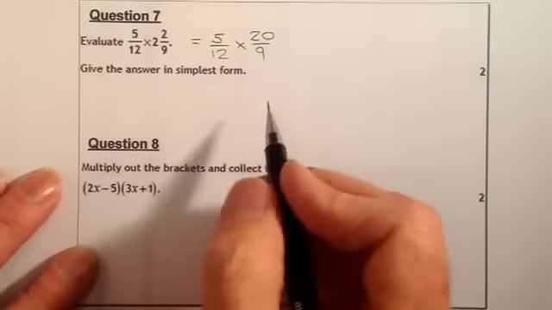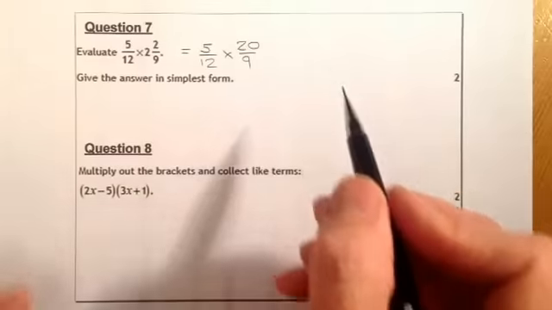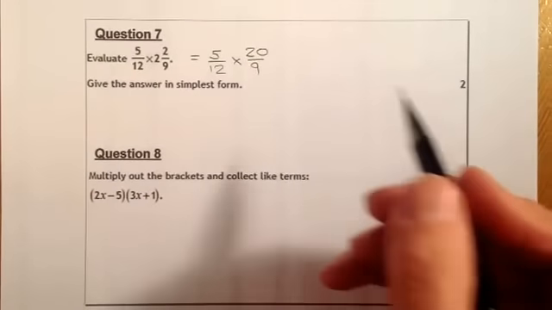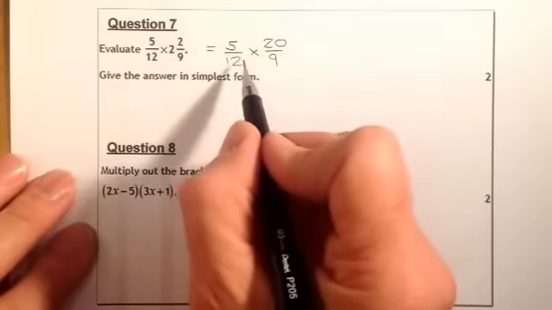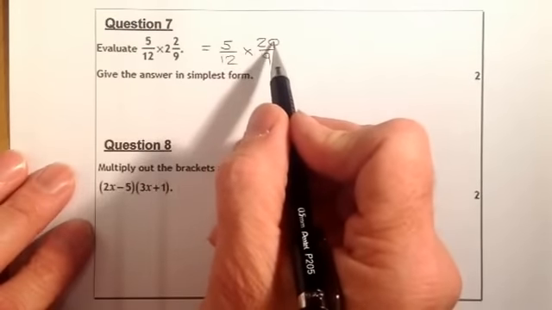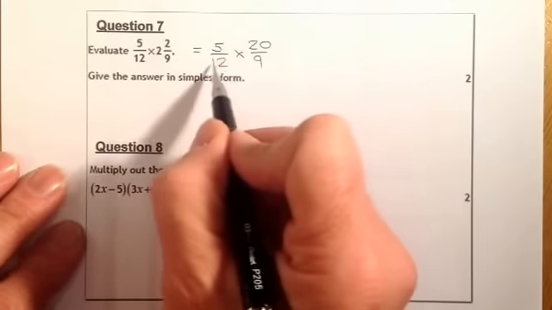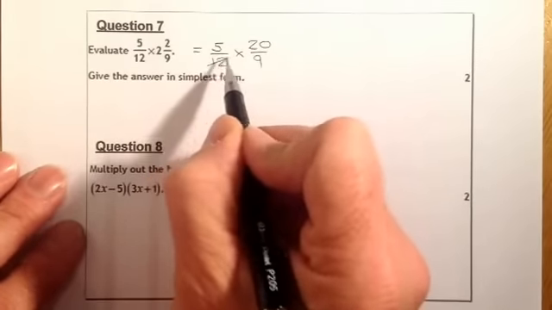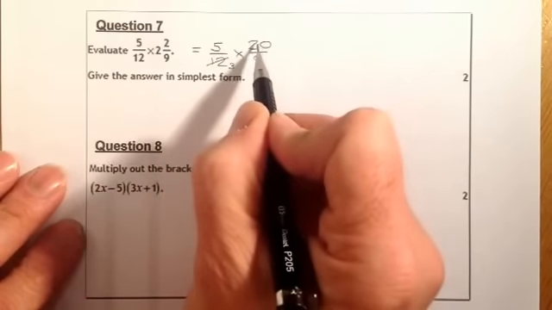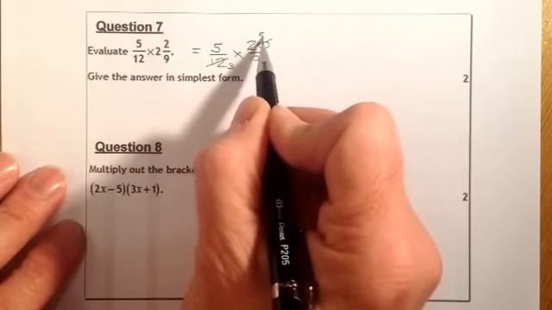Okay. What I'll do is for these fractions, I can multiply straight across, and I'll get 100 on the top. But what I'm going to do is I can see that I've got 12 on the bottom there, and I've got 20 on the top. They're both even numbers. They both divide by 4. So if I divide 4 into 12, I'm going to get 3. And if I divide 4 into 20, I'm going to get 5.